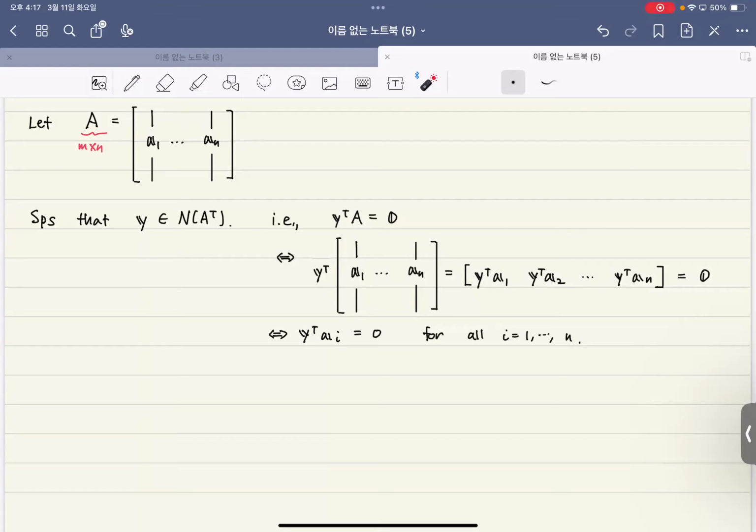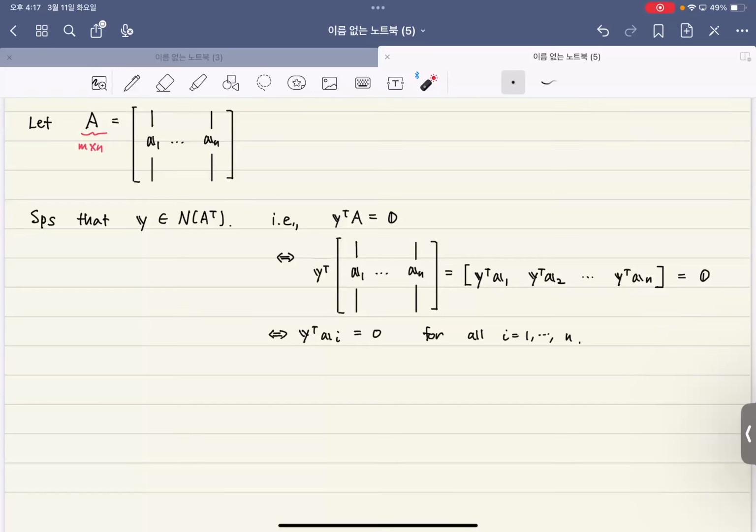A vector y is orthogonal to the entire subspace. But I have not put any restriction on y, so every random element y is orthogonal to every spanning vector of the column space.